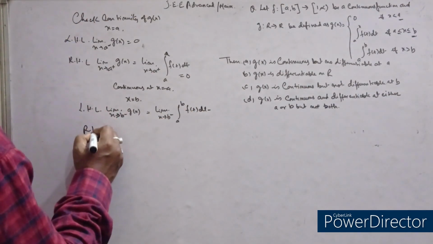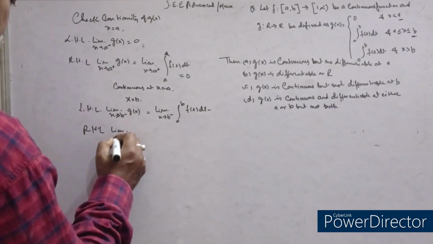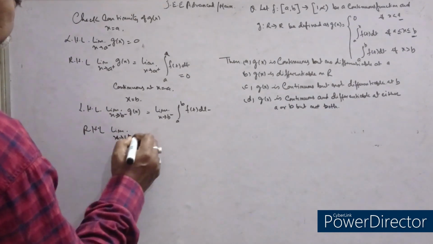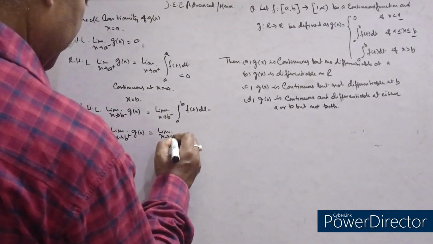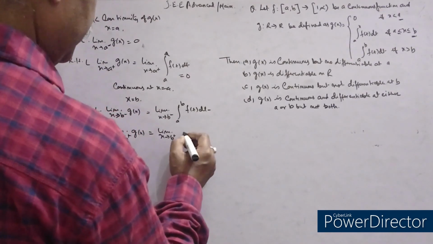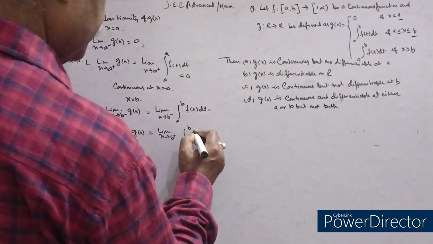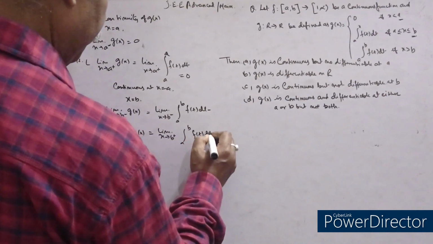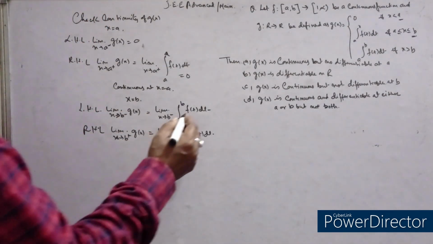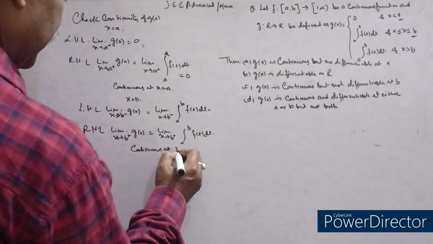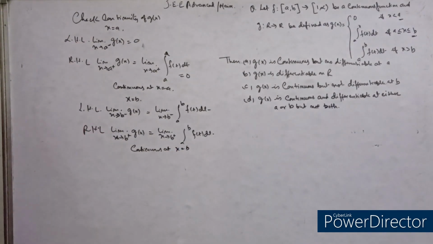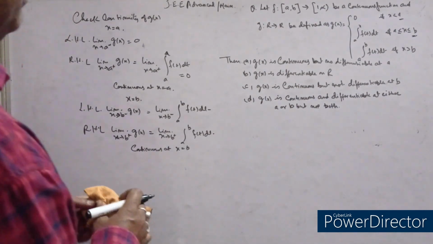And the right hand limit, x tends to b plus of g(x), is also the integral from a to b of f(t) dt. Here again the left hand limit is equal to the right hand limit, so it is continuous at x equal to b. So it is continuous at both x equal to a and x equal to b. Now let us check the differentiability.